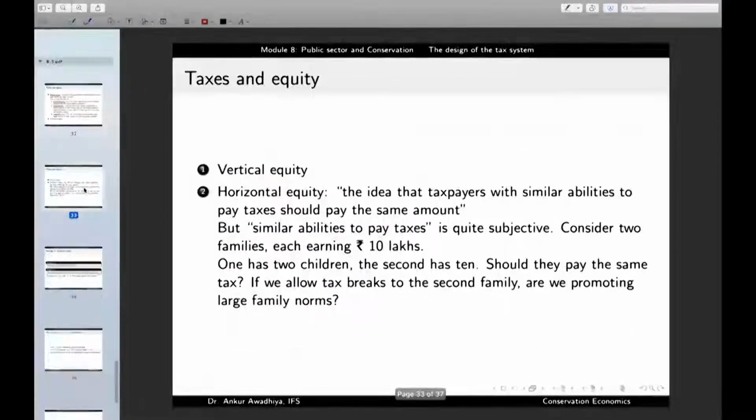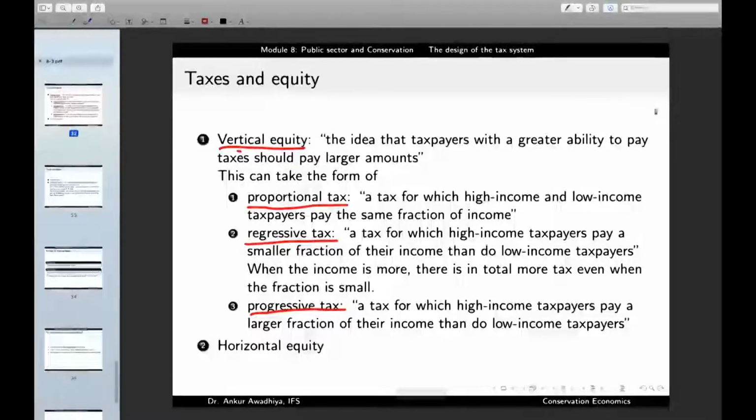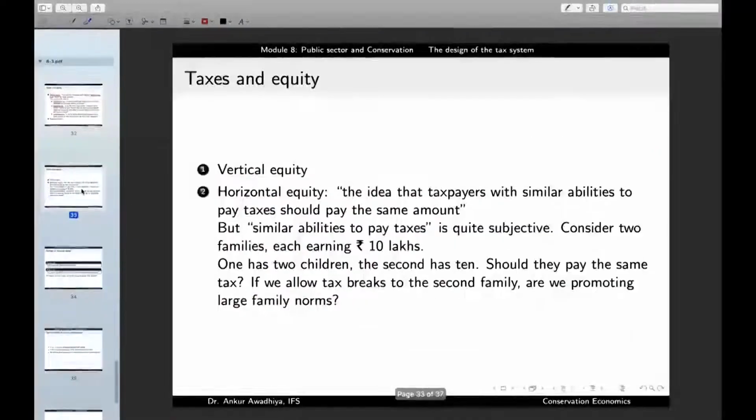Another equity is horizontal equity. The idea that taxpayers with similar abilities to pay taxes should pay the same amount. Now, in the case of vertical equity, we were saying greater ability to pay taxes, and in the case of horizontal equity, we are saying people with similar abilities to pay taxes should pay the same amount.